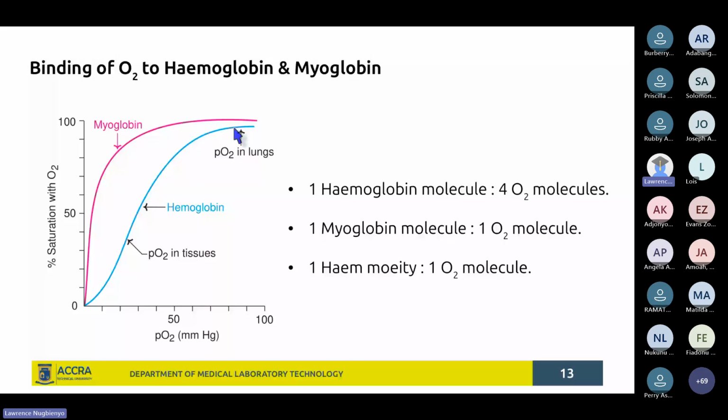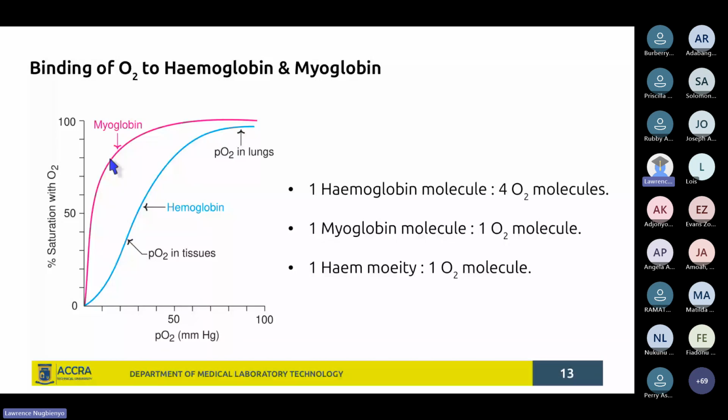And so you see that the partial pressure at which hemoglobin gets saturated is much, much higher. See where hemoglobin is getting saturated. Let's say somewhere where the curve is plateauing is above 50 millimeters of mercury. That is where hemoglobin is getting saturated. But myoglobin, let's say this is 10, just about 10 millimeters of mercury, myoglobin is already getting saturated.